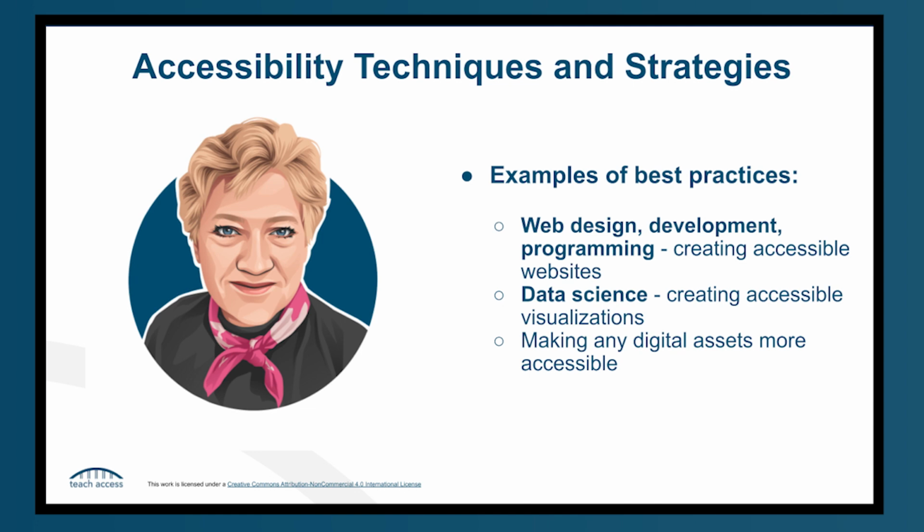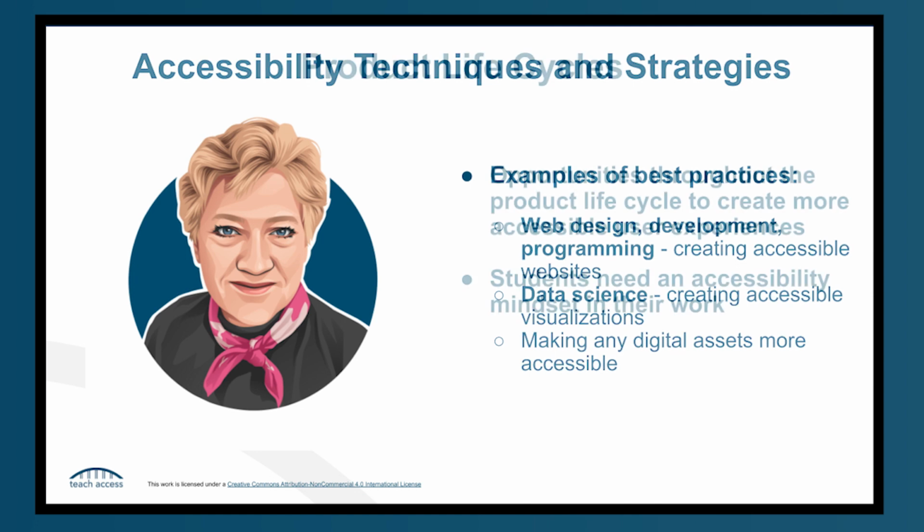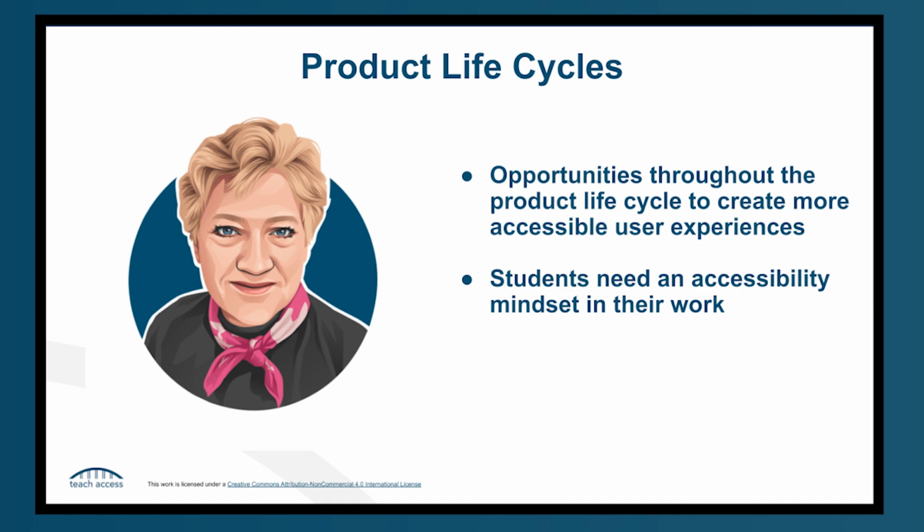If you teach the data sciences, there are best practices for creating visualizations that are accessible to those with vision impairments. If you teach any course where your students create digital assets, there are best practices for making those assets more accessible. Just about anywhere within the product development lifecycle, there are opportunities to create more accessible user experiences.